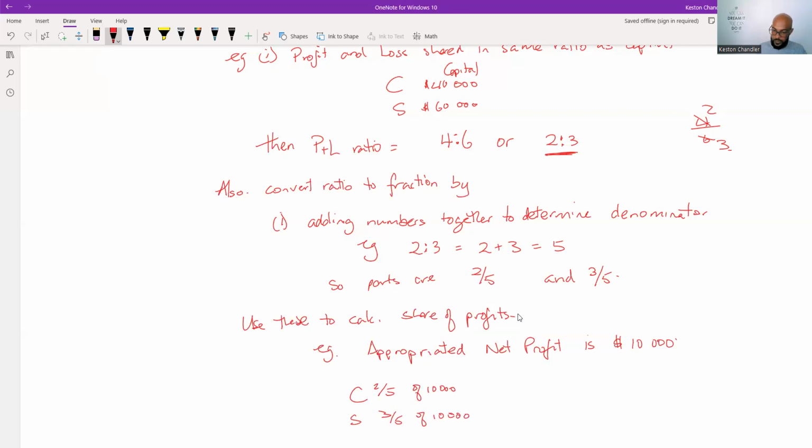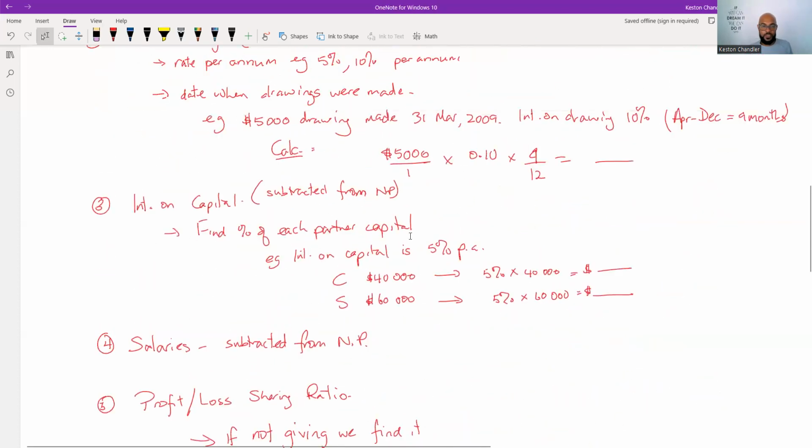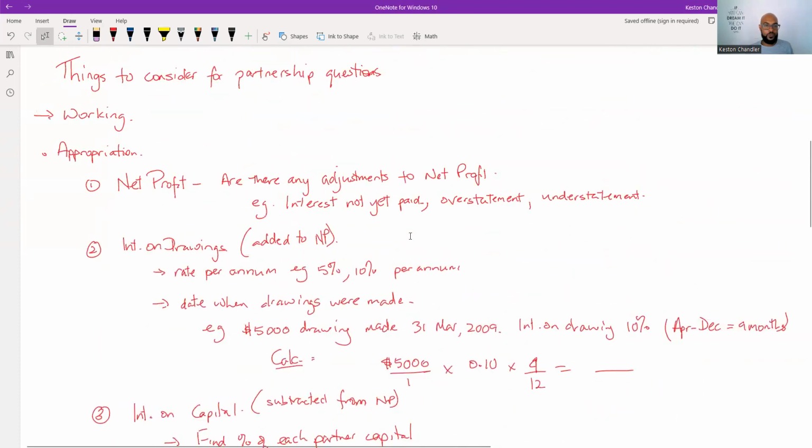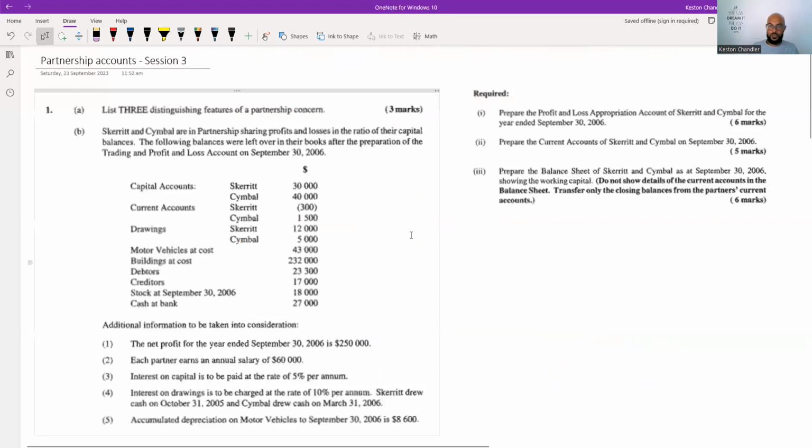So you multiply 2/5 by 10,000 and 3/5 by 10,000. That should come to $4,000 and $6,000. Generally speaking, these are the main things you're looking for when working with the partnership. Let's go back to our question and see if we can highlight those things.